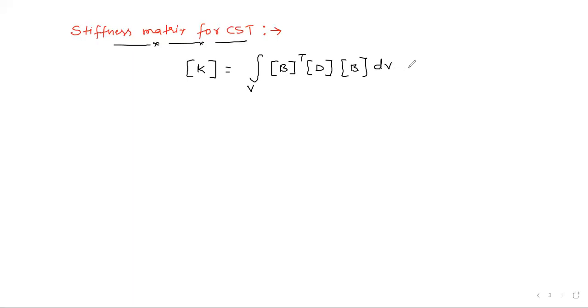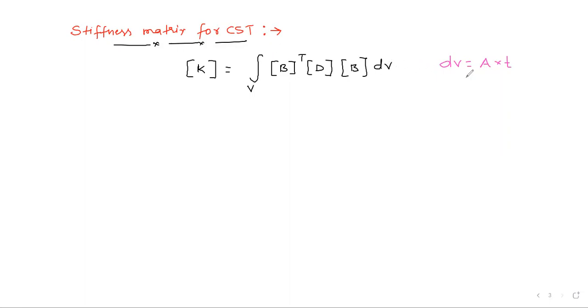We can write dV as area into thickness, right? Because this dV we can replace by area into thickness after integration.